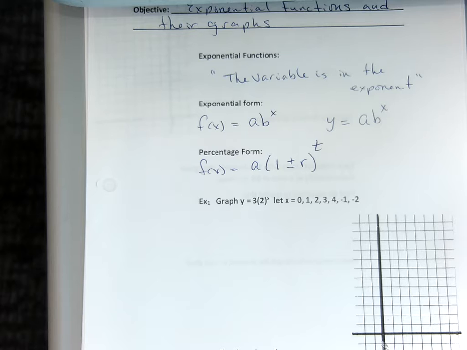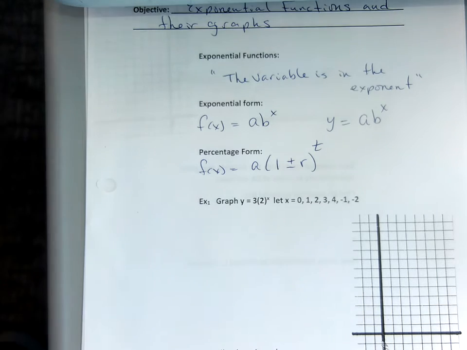Does it say 6 to the x? No, it says 2 to the x and then times by 3. Got it? Don't ever do that. That is not 6. That's 2 to the x, okay? Everybody got that? You knew that already, didn't you?